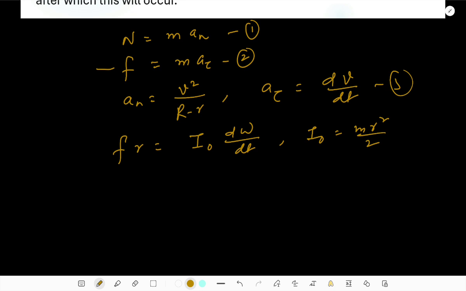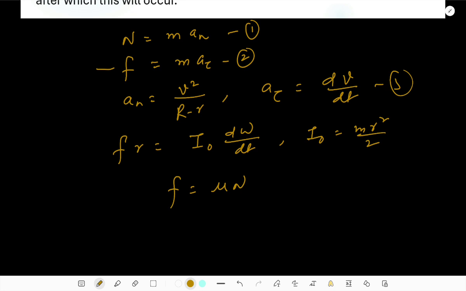It was simply translating, so it is bound to slip, because having v, the velocity of the center of mass, and not having omega, causes slipping. So it was slipping. Slipping means the friction force is equal to mu1 N. Yes, I know, sliding friction.